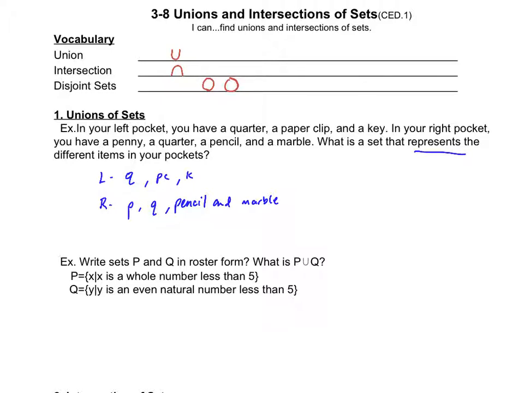So we would want to have a union of our left and our right pocket to show all of the things that are represented.